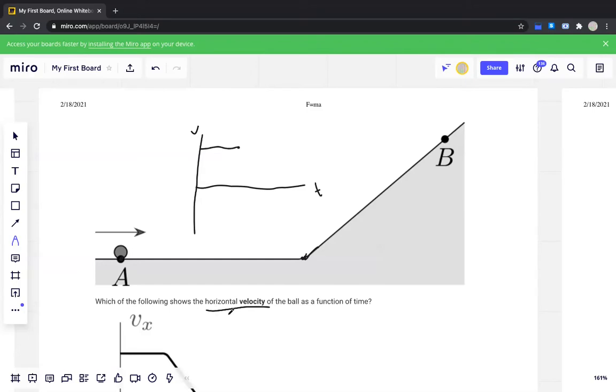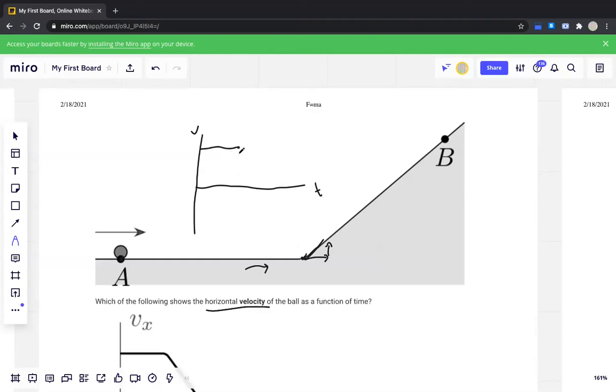But this time we want the horizontal velocity. And when it goes up the ramp, the velocity gets split into two parts, a horizontal part and a vertical part. So this means that it goes from completely horizontal to having some horizontal and vertical. So the horizontal component will end up dropping a bit, and then it will start decreasing.